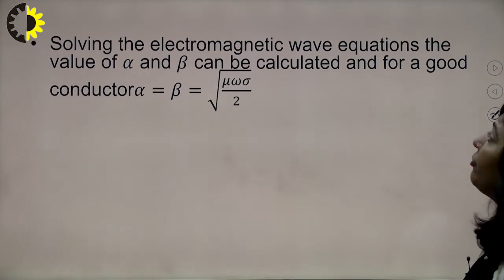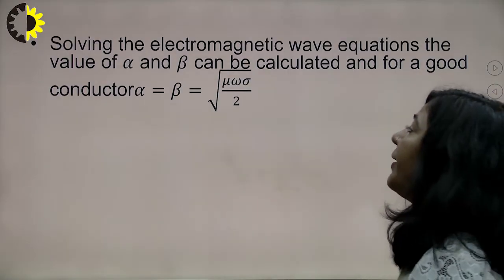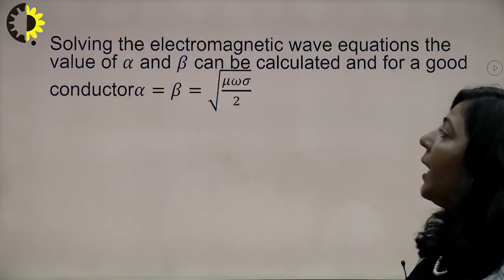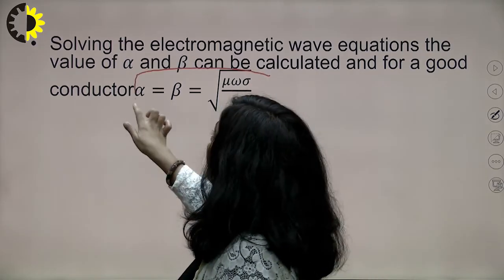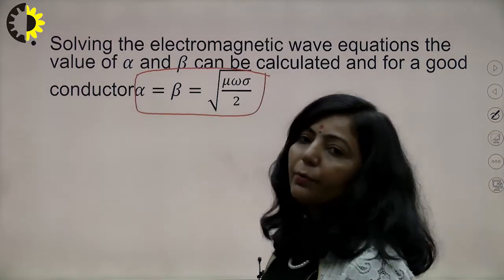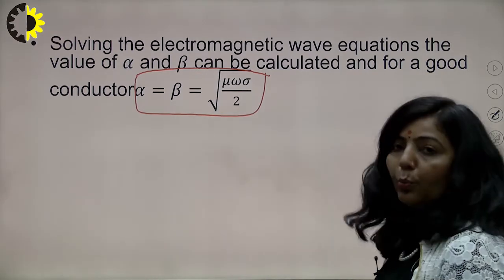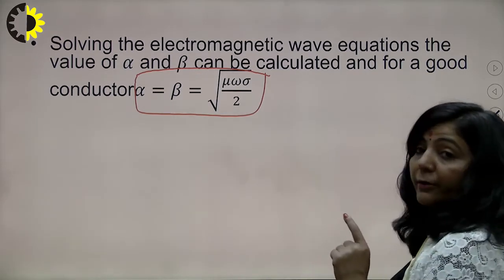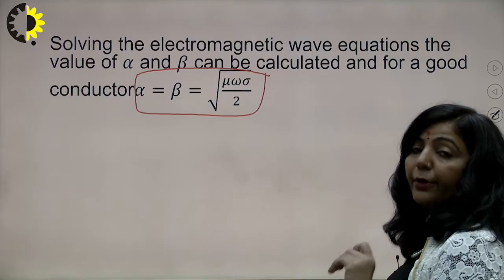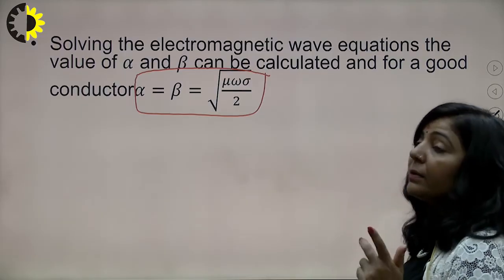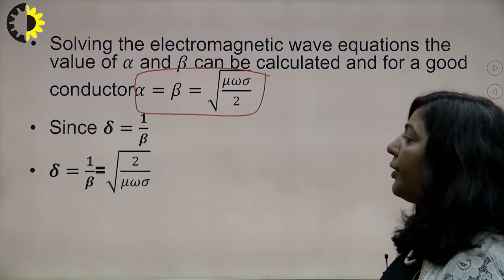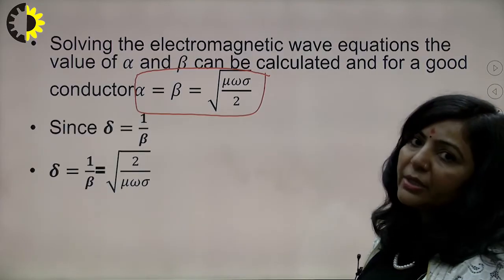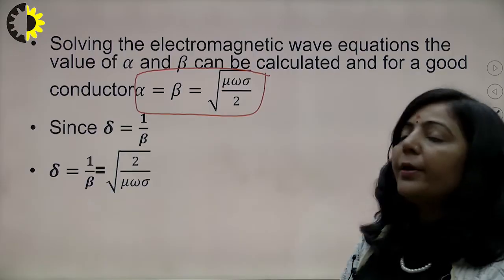Solving the electromagnetic wave equations, the values of alpha and beta can be calculated, and for a good conducting medium, alpha and beta both will be equal to under root mu omega sigma upon 2. Then skin depth, which is the inverse of beta, will be under root 2 upon mu omega sigma. So this is the formula for skin depth.